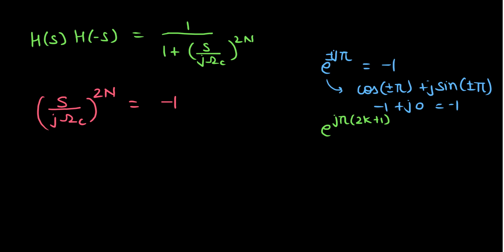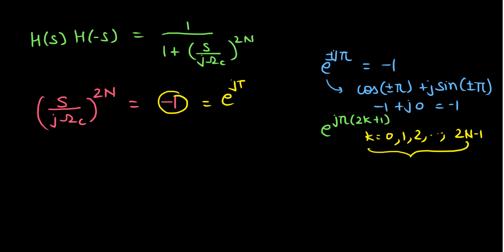Now if we observe this expression, it is of the degree of 2n, that is it will be having 2n number of roots. So this value of k will be varying from 0, 1, 2 and so on up to 2n minus 1, and this will lead to 2n number of roots. So basically now we can replace this minus 1 as e to the power j pi (2k plus 1), where this k varies from 0 to 2n minus 1.